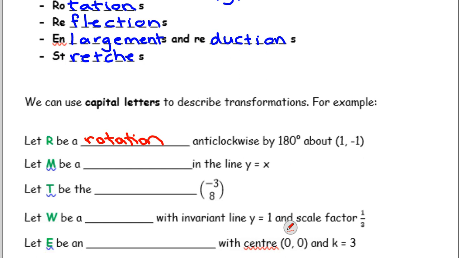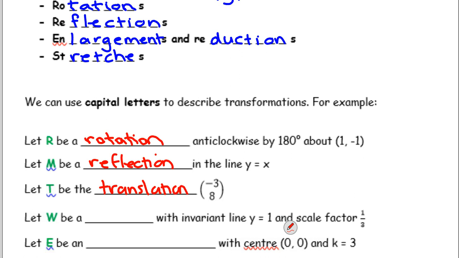Let M be something in the line y equals x. So what kind of transformation happens across a line generally? It's a reflection. We could say, for example, let capital T be the something. And we've got a translation vector there, so it must be a translation. So that translation vector, what does it mean?